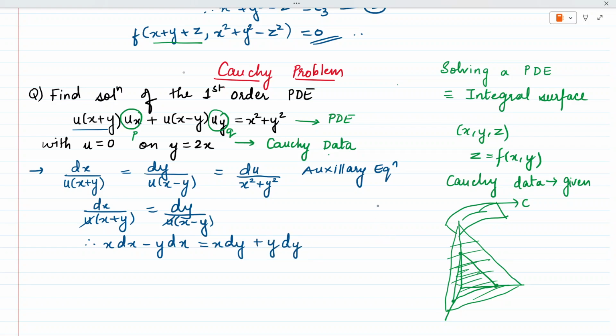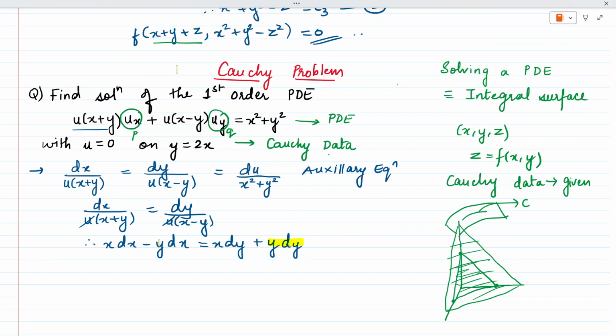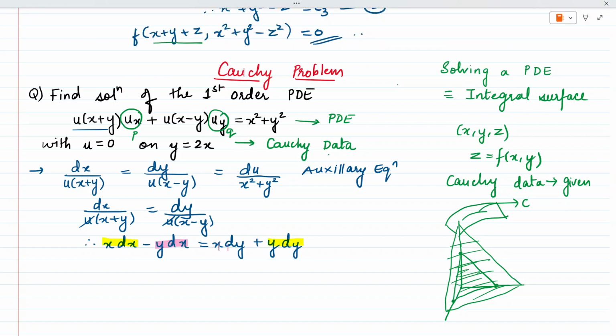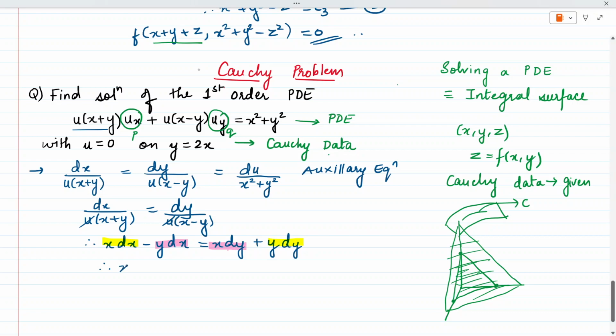Is this correct? There is no problem with this term, there is no problem with this term. The problem is only and only with these two terms, because y is with dx and x is with dy. And if you remember, two sums before we have done something similar.